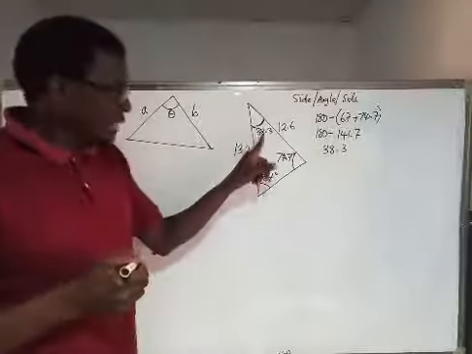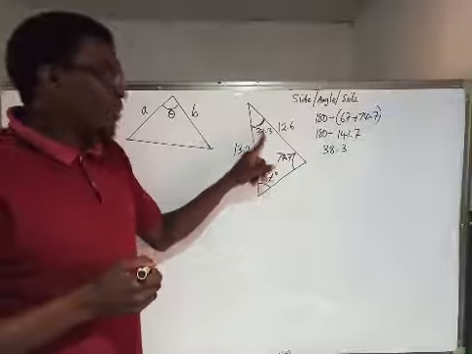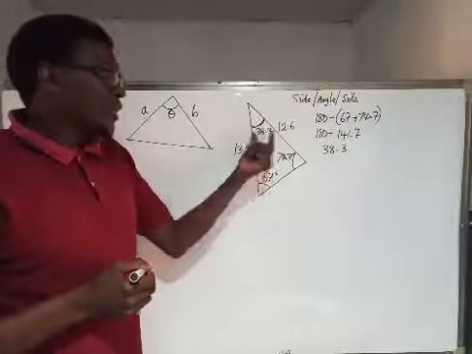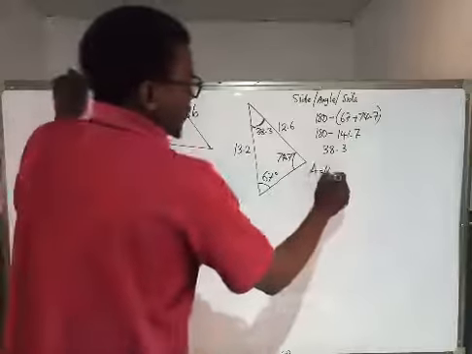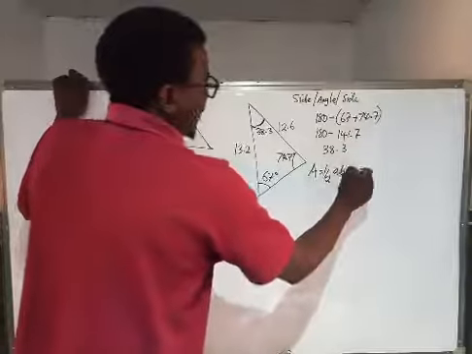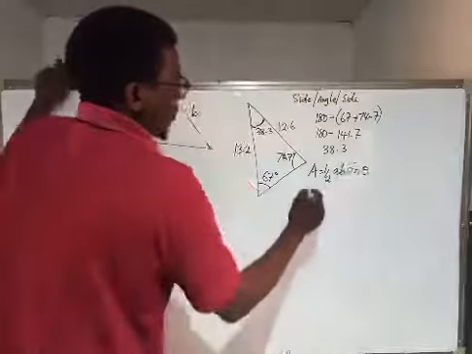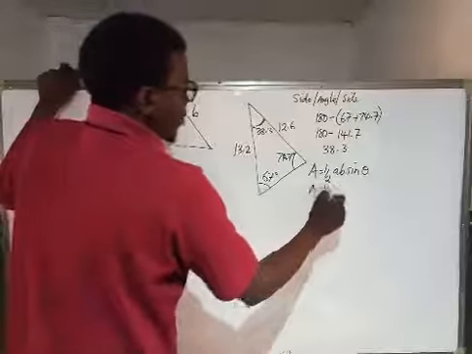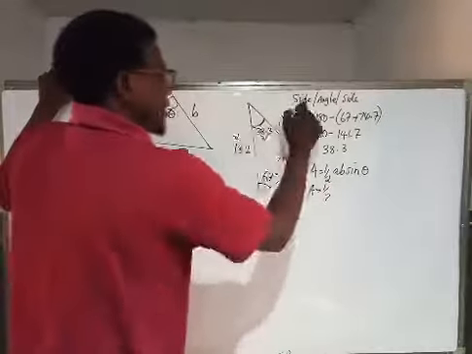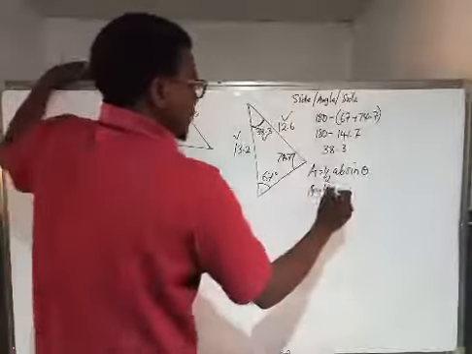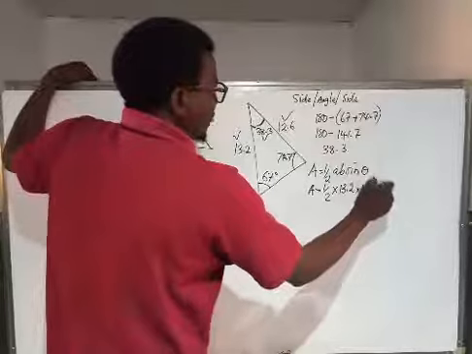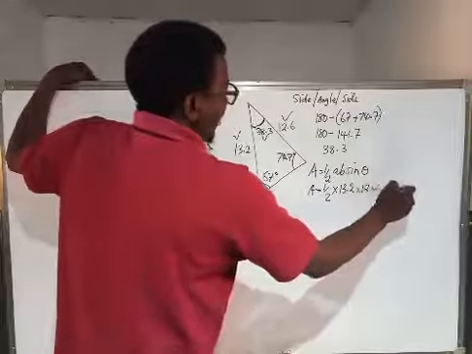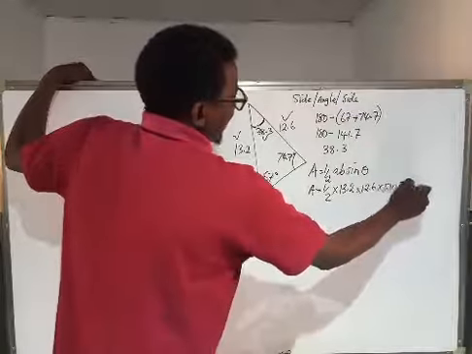Once we have found this angle, it is this angle that we are going to use as the value of theta under sine. Our area is going to be half side A, side B, sine theta, which is going to be area equal to half multiplied by 13.2, multiplied by 12.6, multiplied by sine 38.3.